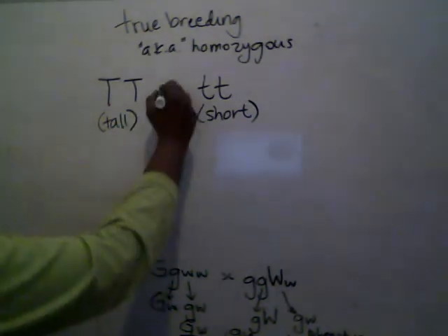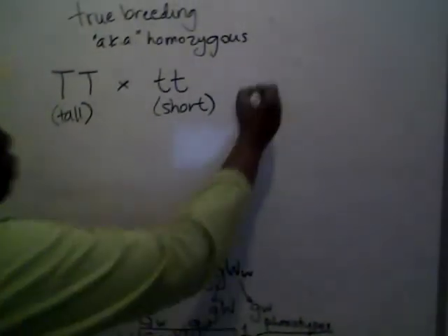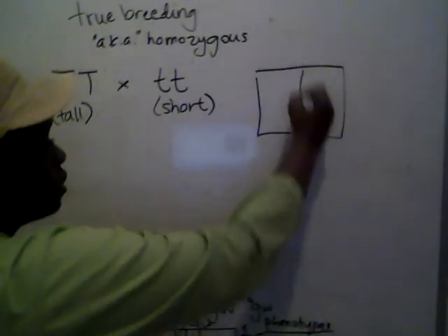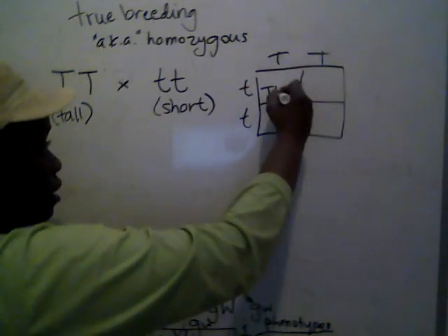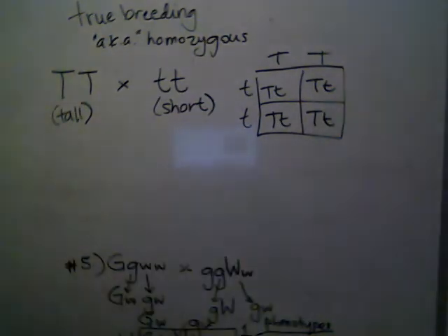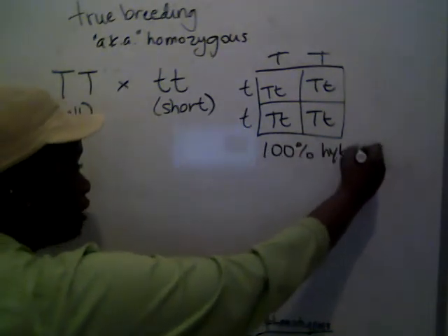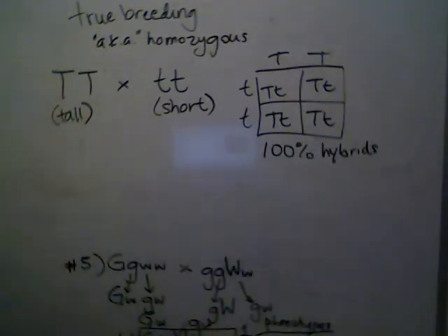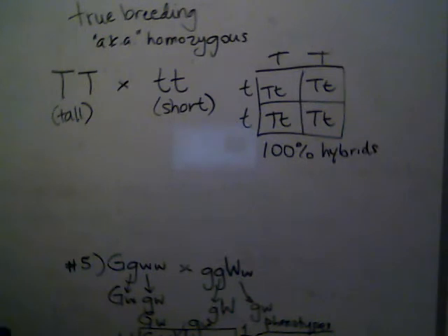Well, if we cross these two parents, and we'll do the Punnett square on this side, we would notice that we end up with all heterozygous offspring. Okay, because they get one letter from each parent. So we end up with 100% hybrids or heterozygous. And all those hybrids would actually be tall. They would all look like that tall parent.